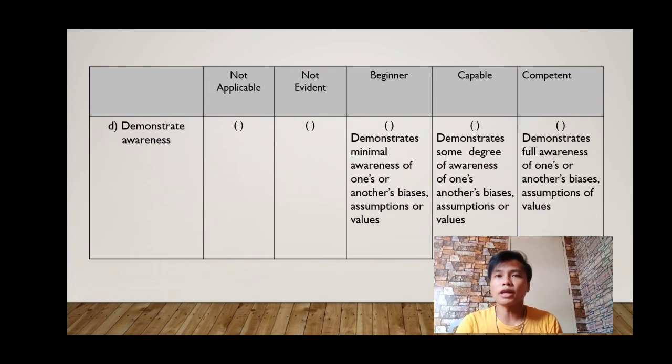An example is that the students can represent, explain, or analyze some degree of awareness of the knowledge the other said, and demonstrate the biases, assumptions, or values stated on the other side.